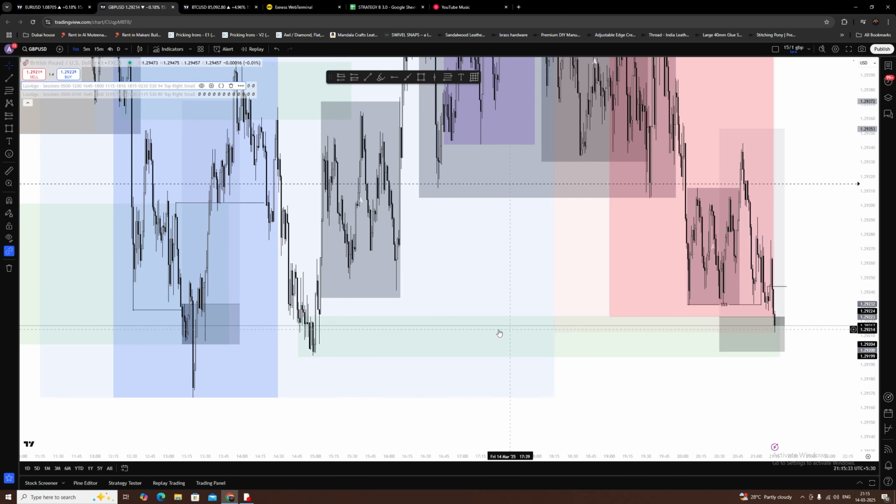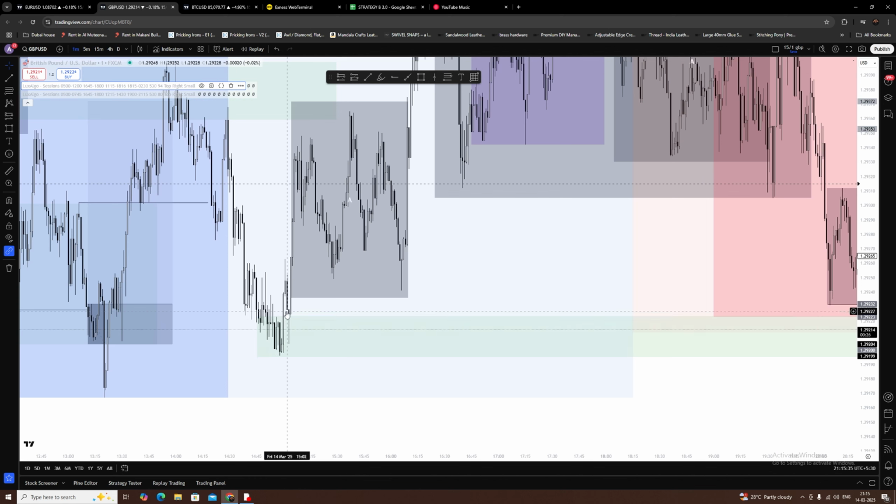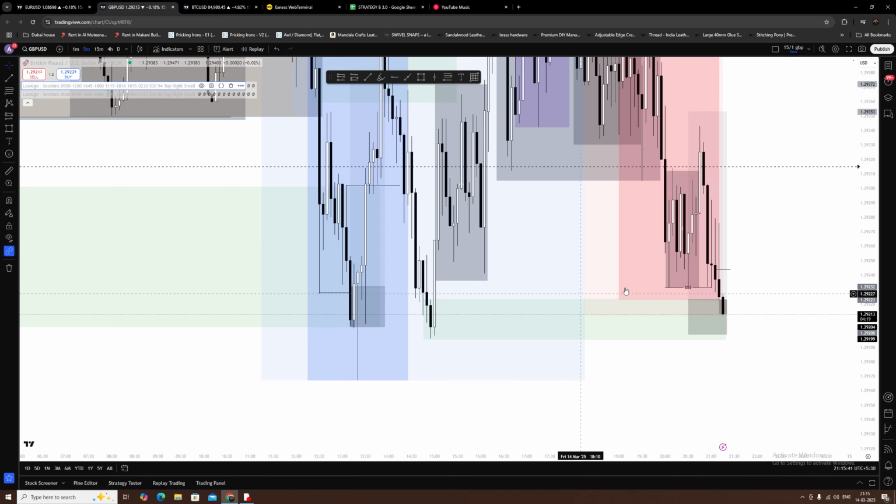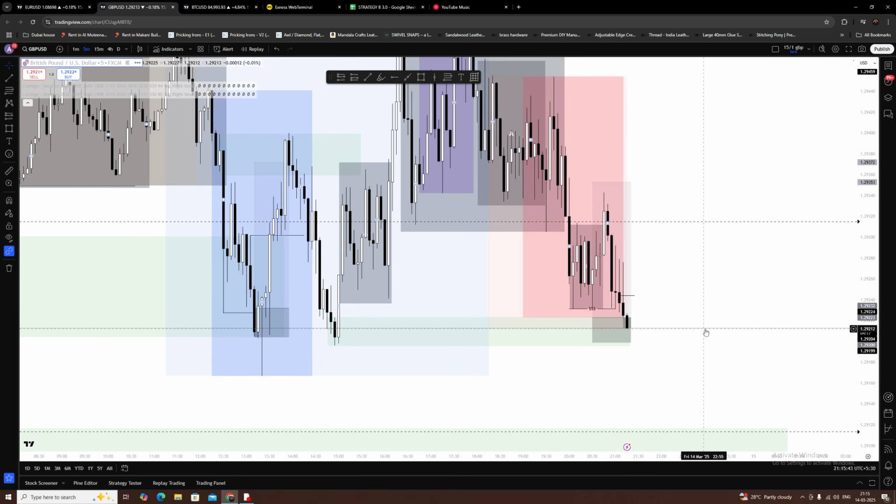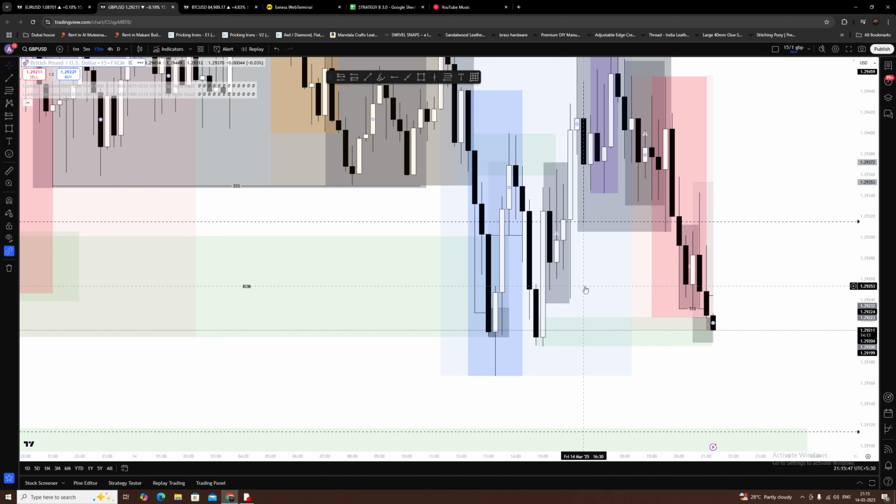This isn't a very strong order block as it's already been mitigated, but in the 5 minute it's still open, so it's a bit confusing. In the 15 minutes there's no order block here. I mean, it is there, but then it's mitigated. So the next zone would be here.